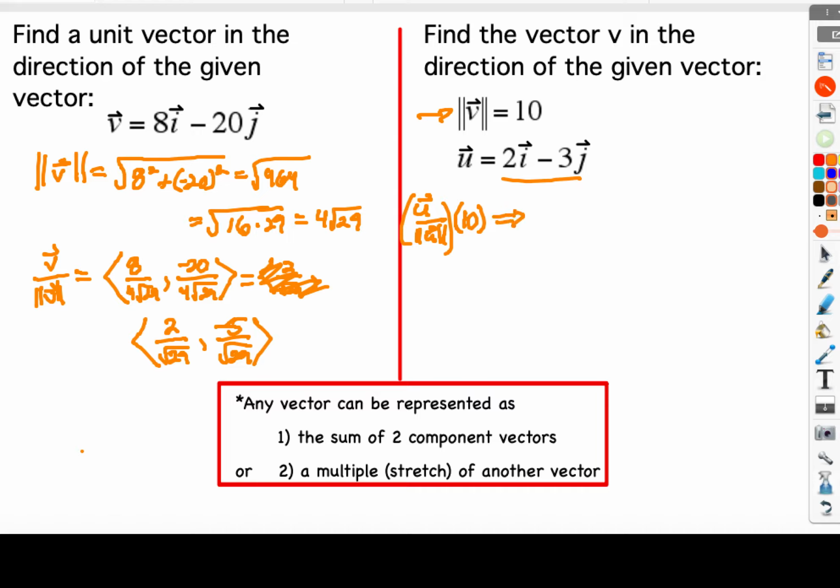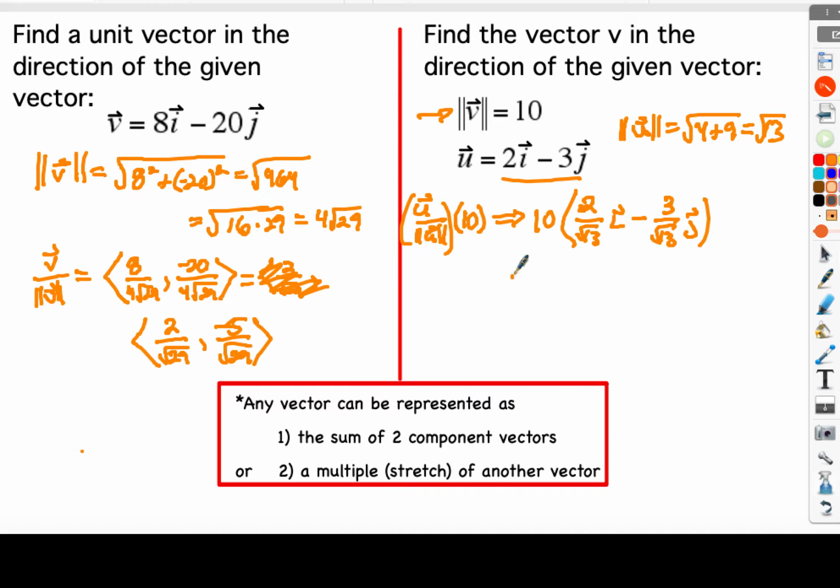So in that case, again, we first need to know the magnitude of vector u, which would be the square root of 2 squared plus negative 3 squared, or basically the square root of 13. So I can now say that that would be 2 divided by root 13 i, minus 3 divided by root 13 j, right? Horizontal and vertical components. But then I'm going to multiply that by 10.